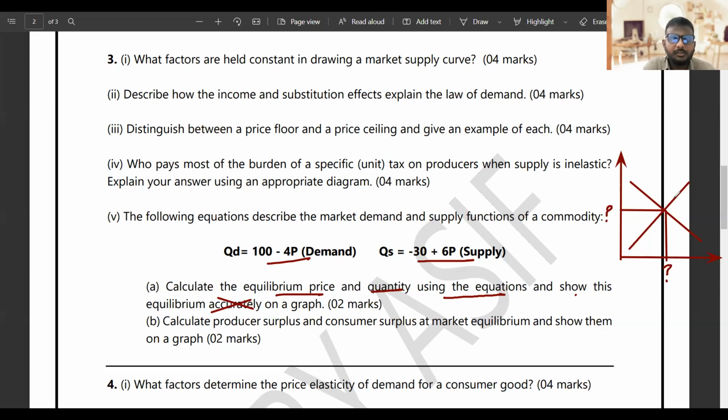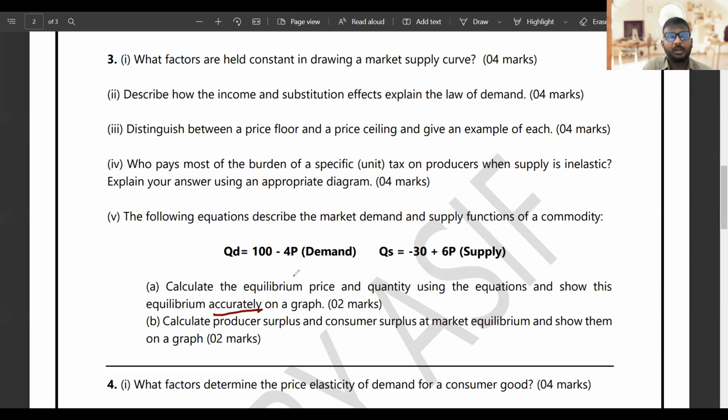But here what they did was they added the word accurately. Because of that one word, now you have to draw this graph of market equilibrium price and quantity and everything in a graph sheet, which will be provided to you, of course, in your A level. You have to draw the graph on a graph sheet.